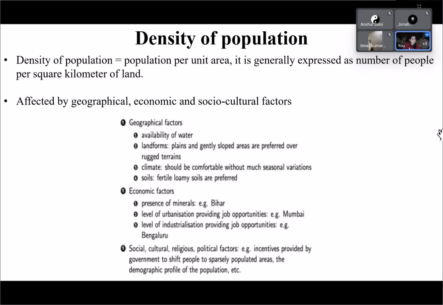We have push and pull factors, which are further divided into geographical, economic, and social factors, which enable people to migrate from one region to another. And if there is more migration into a region, that region becomes densely populated, and the ones that they are moving out from, that of course shows a skewed population rate, right?